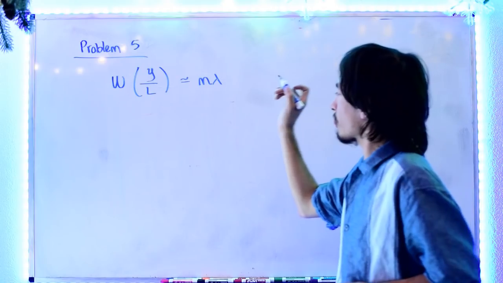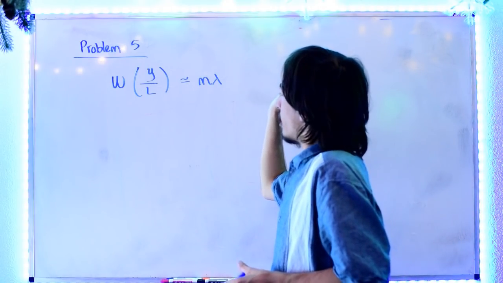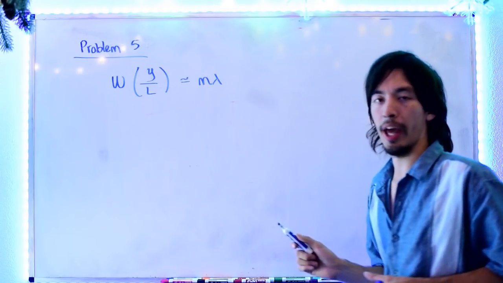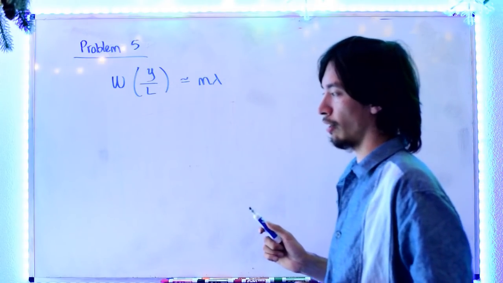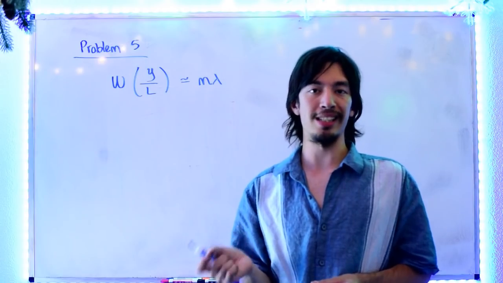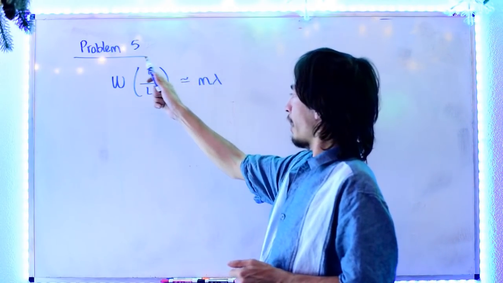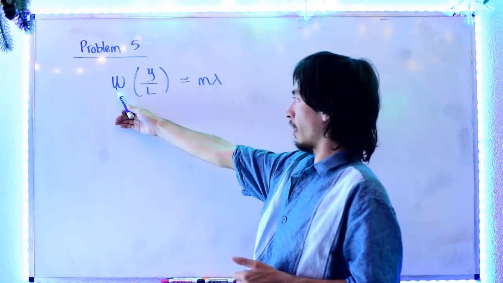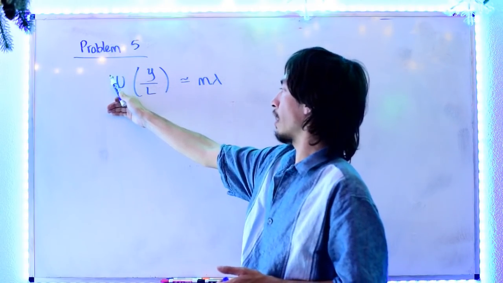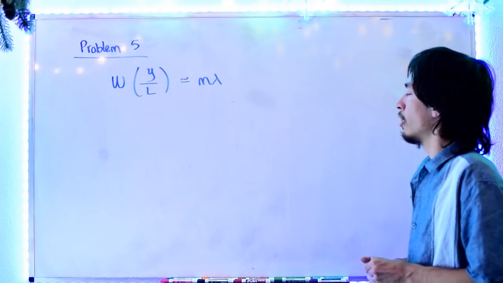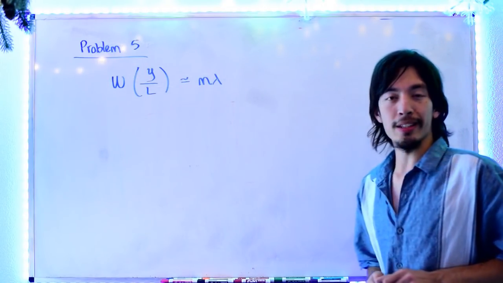Now, I want to know which of the following could happen as a result of changing the width of the slit. So now I'm decreasing the width of the slit, so I am changing this value here. Bringing that value down, decreasing it. How will that affect other things in the equation?